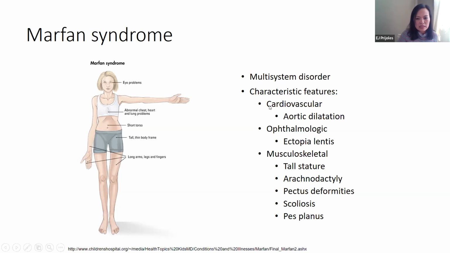Classic features include aortic dilatation, ectopia lentis or lens dislocation, tall stature with arachnodactyly, so disproportionate tall stature with long limbs, pectus deformity, so pectus carinatum or pectus excavatum, scoliosis, and flat feet.